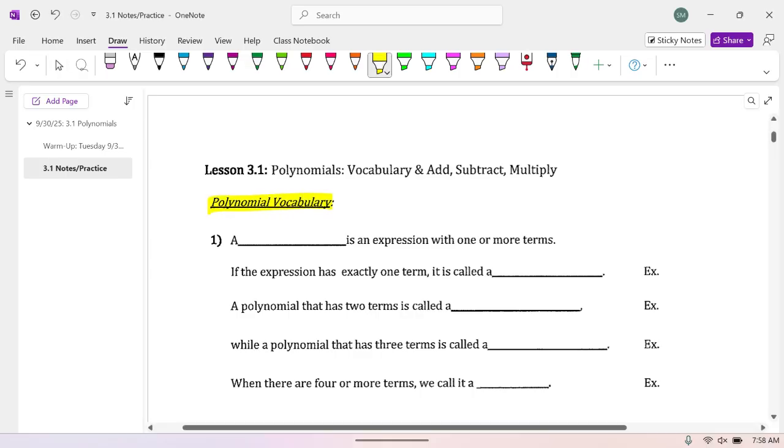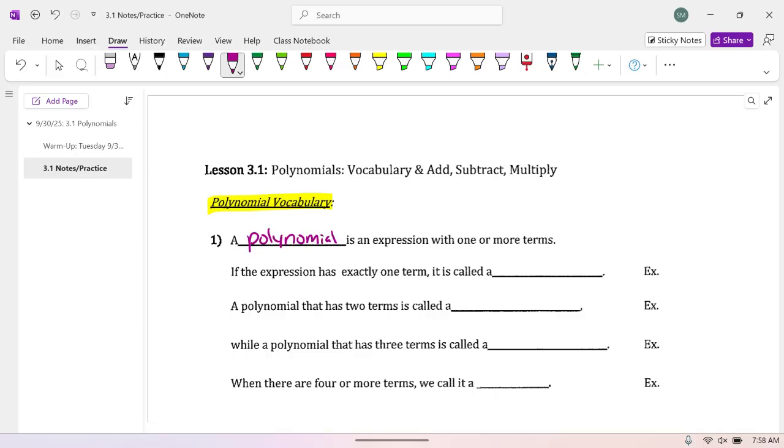Again, it's polynomial vocabulary. So the first thing is a polynomial is an expression with one or more terms. Now, can anyone tell me what a term is? What counts as one term?